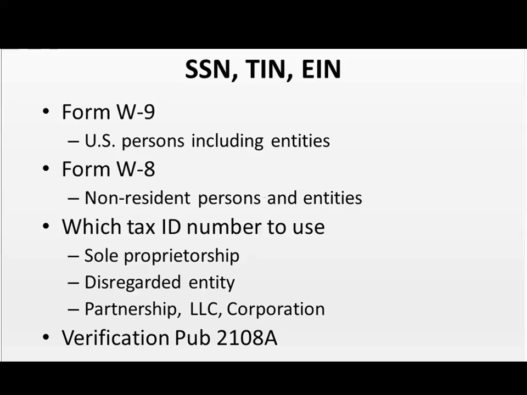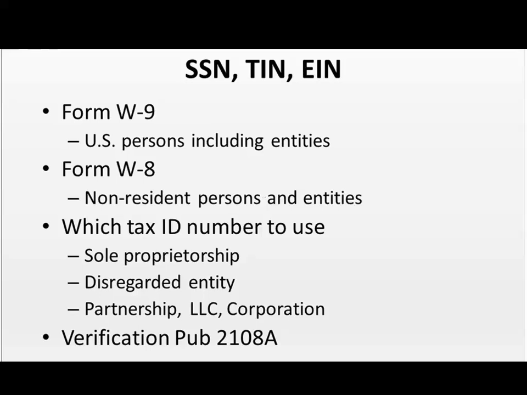And anyway, a disregarded entity will use the tax ID number of the owner of that disregarded entity. If it's a sole proprietor, it'll be the sole proprietor's individual number. The LLC will have an employer identification number, but if it's a disregarded entity, it's not going to be the reportee, in this case the recipient.